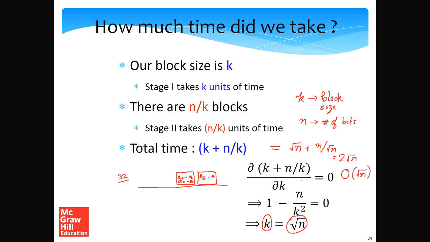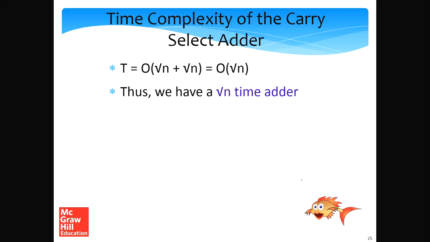So pretty much what we have achieved in our carry select adder is an adder that takes order of square root of n time, which is fast. We thus have a root n time adder.